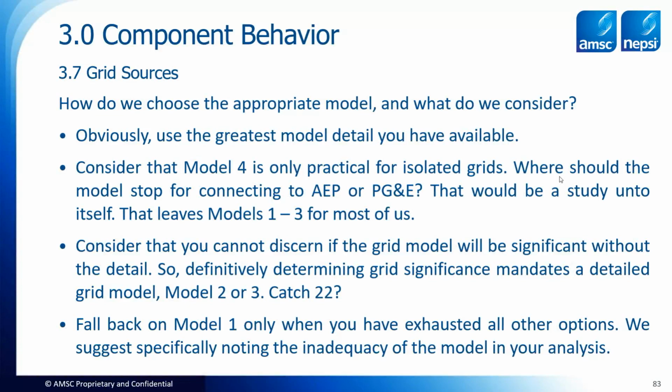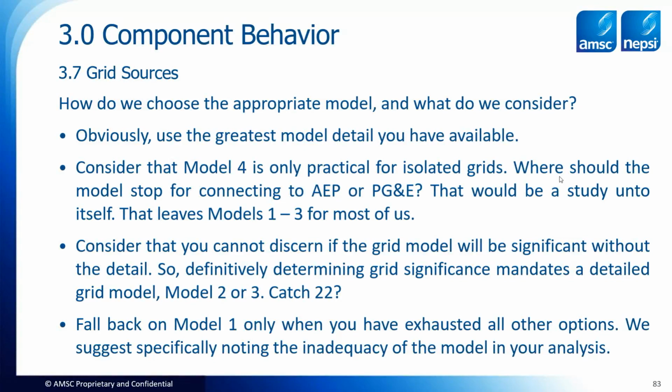That would be a whole study unto itself. And so if we say model 4 is kind of out, we can't really do model 4 because we're not going to model all 50 to 100,000 buses of the interconnected West Coast grid or East Coast grid. That kind of leaves us with models 1 through 3.